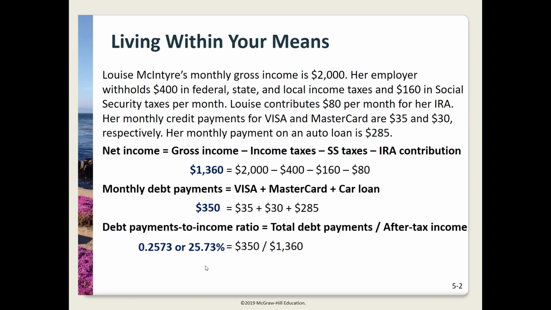Now recall in the textbook that experts suggest that you spend no more than 20% of your net income on consumer credit payments, because other aspects of your income need to go to other things like rent and food. So we can see that her debt payments to income ratio is higher than the recommended 20%. That means she is not living within her means.